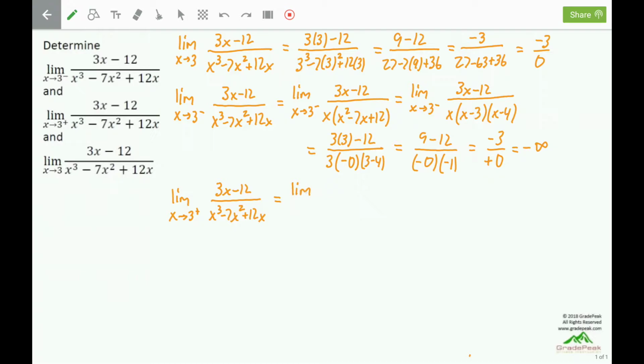The right-sided limit will work out in a similar fashion. Factor out the common factor of x in the denominator, leaving behind x squared minus 7x plus 12, which will trinomial factor exactly like the left-sided limit into an x minus 3 and an x minus 4.